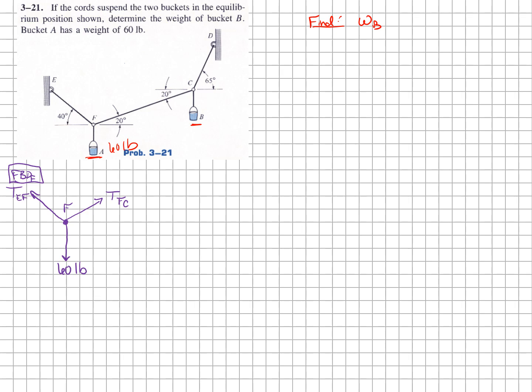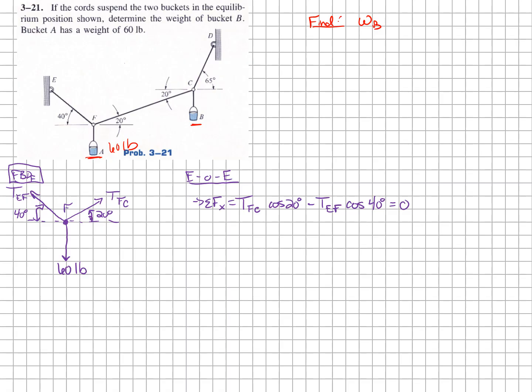So doing the equations of equilibrium for this free body diagram first, we do the sum of the forces in the x direction. We should label our angles 20 degrees and 40 degrees. So TFC times the cosine of 20 degrees minus TEF times cosine of 40 degrees is equal to 0, is all of my x components.